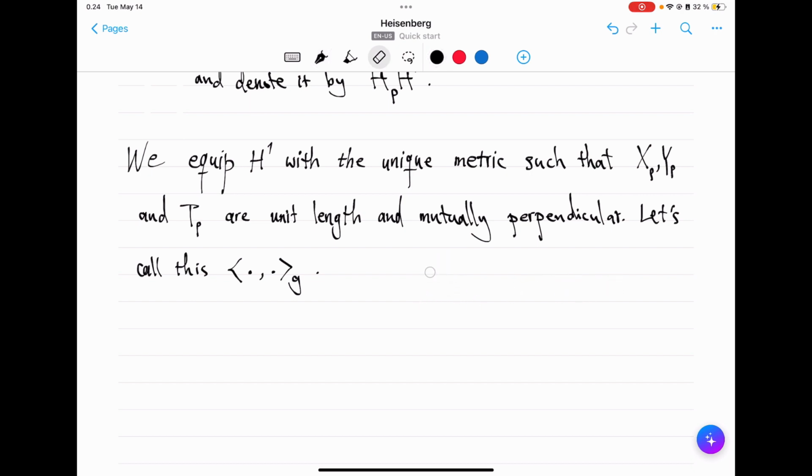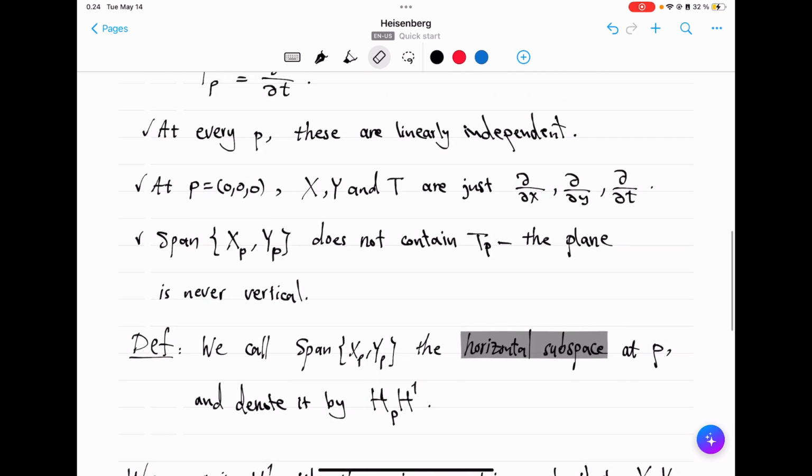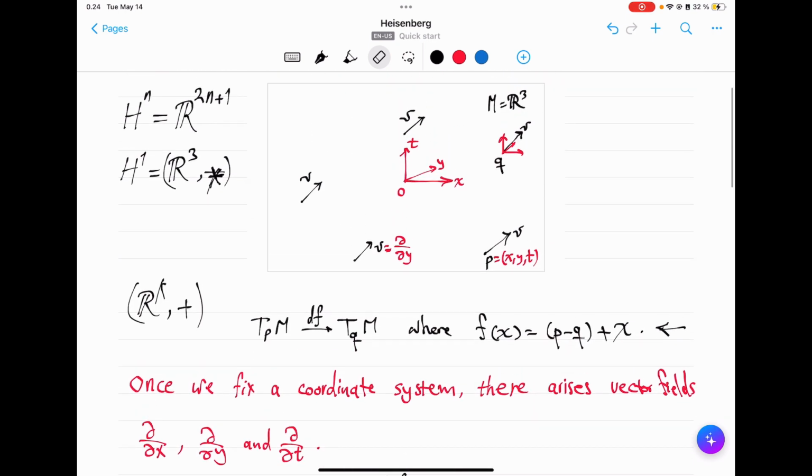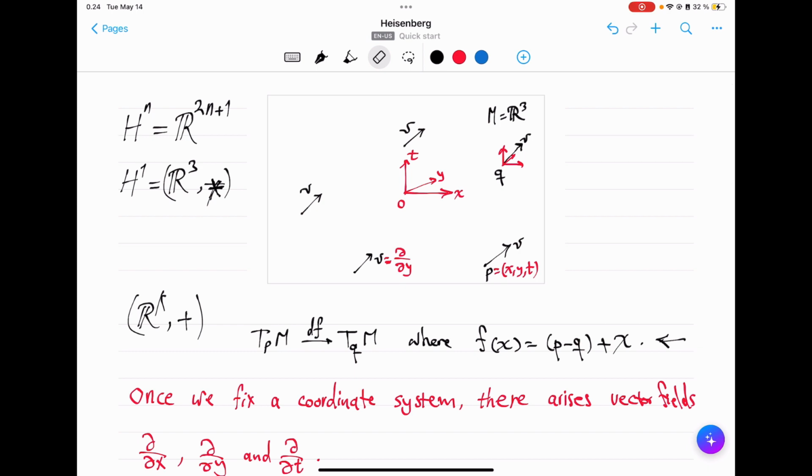So at every point, from the above observations, we have these new vectors. So let me also draw these. What is happening is that under this new geometry, I'm not looking at quote-unquote parallel transportations of x, y, and t directions, but rather I have totally new vectors.